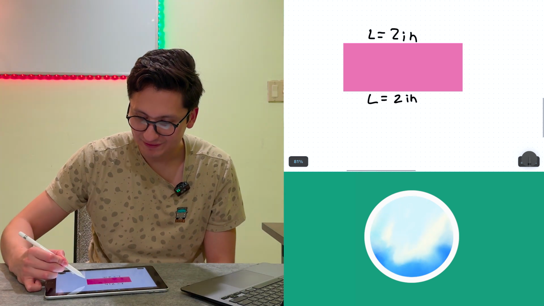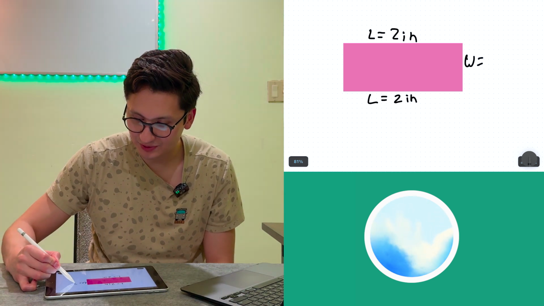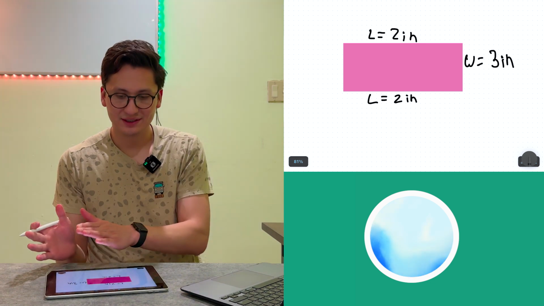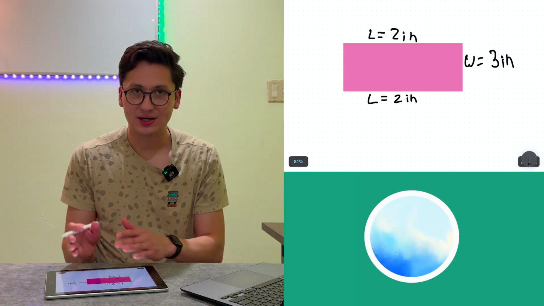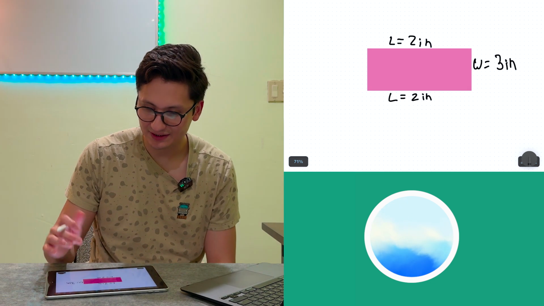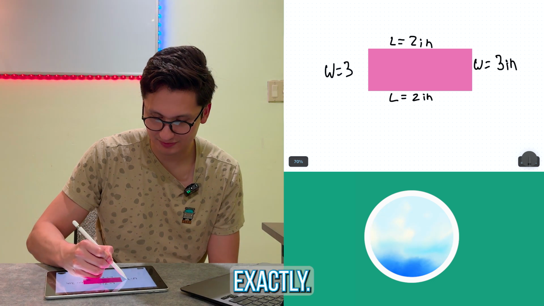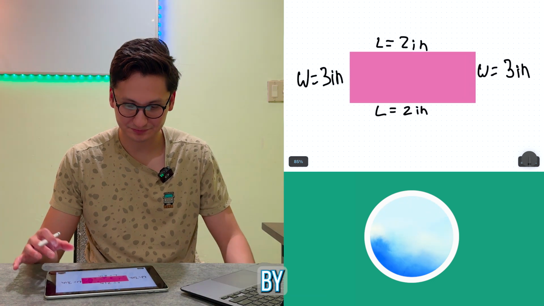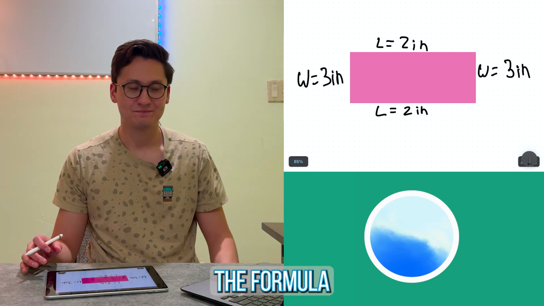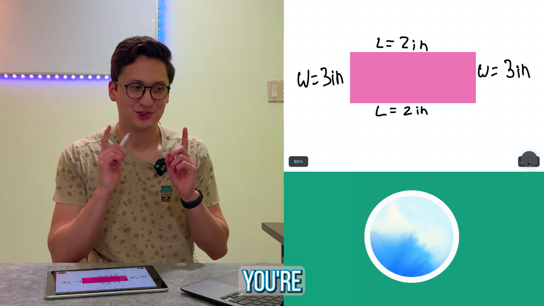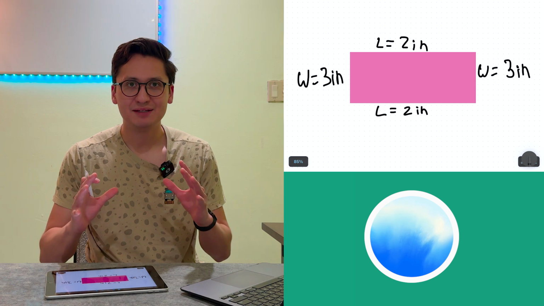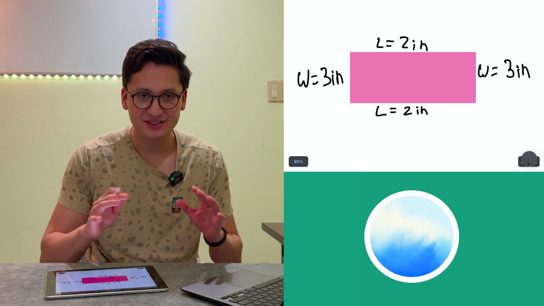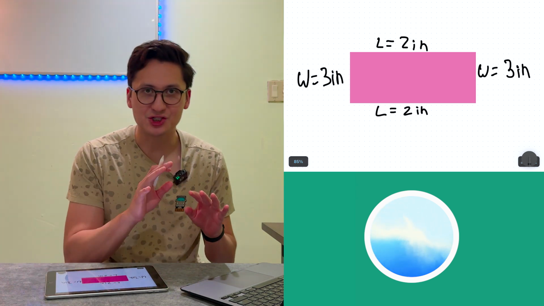Okay, so if the width is 3 inches, well then the opposite or adjacent side is also 3 inches? Exactly. So both widths would be 3 inches. Now you can find the perimeter by adding up all the sides or using the formula we talked about. You're right. So I remember you telling me that perimeter is the distance around a shape.